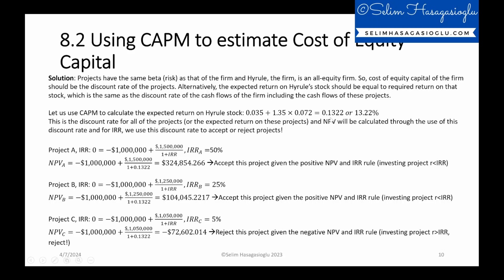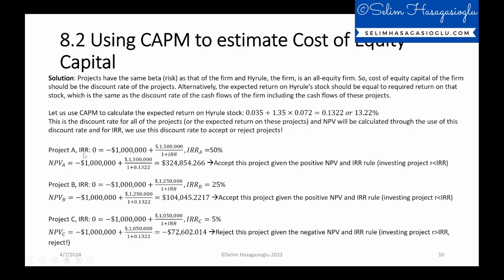So this equation should be equal to 0.1322 or 13.22%. This is the discount rate for all the projects, or the expected return on these projects, and net present value will be calculated through the use of this discount rate. And for IRR, we use this discount rate to accept or reject projects.